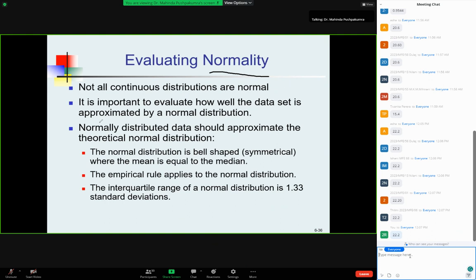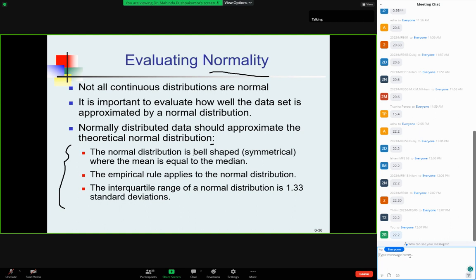There are many criteria. Here I am going to give a few criteria that you can use. Normally distributed data should approximate the theoretical normal distribution. That means theoretically these conditions should be satisfied.